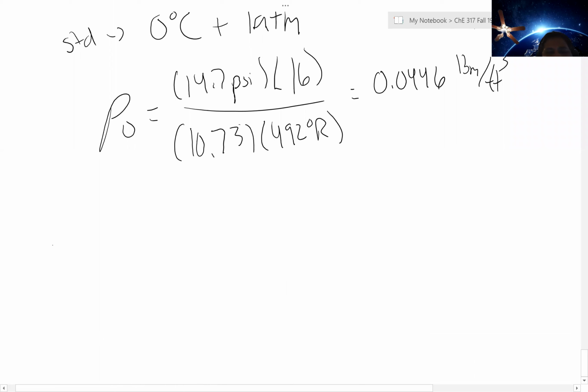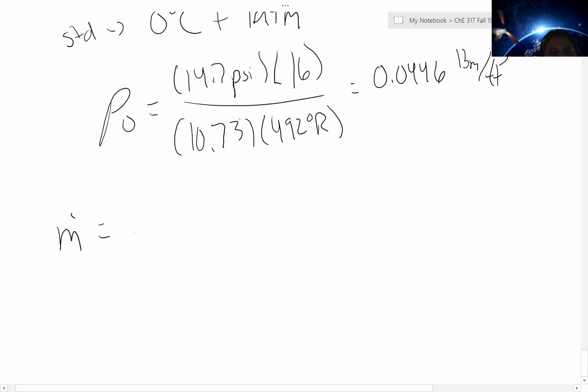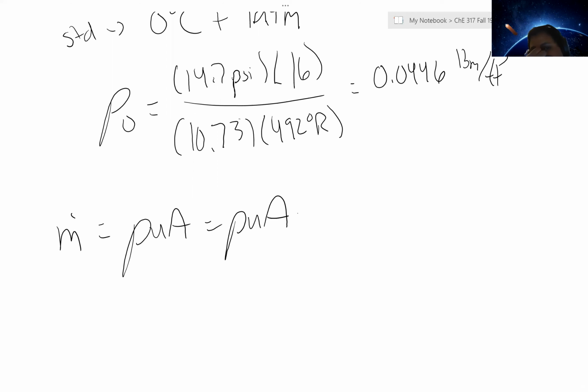By continuity, mass flow rate is equal to density times velocity times flow area. And so I know my mass flow rate is going to be the same for both systems.